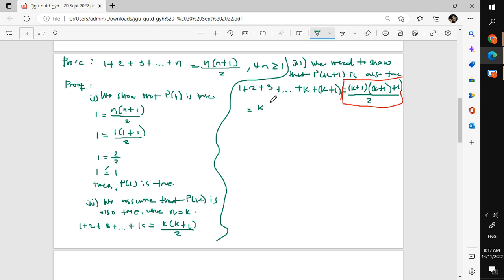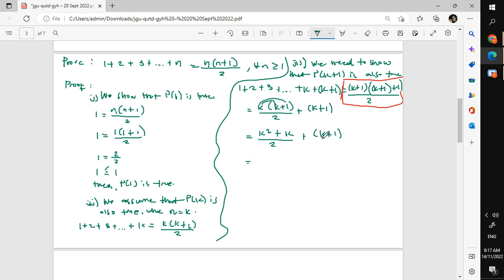We just have to write down k times k plus 1 all over 2, and copy the last term that we have added here, which is k plus 1. Now let us distribute this. k times k is k squared. k times positive 1 is positive k. Copy the denominator, positive 2, plus we have here k plus 1.